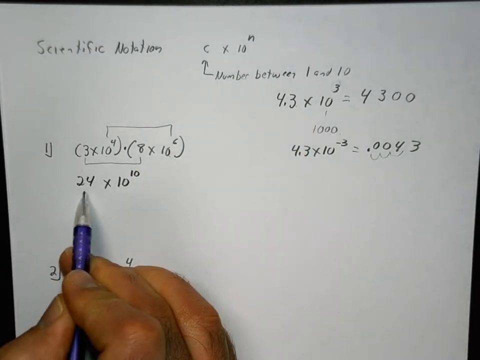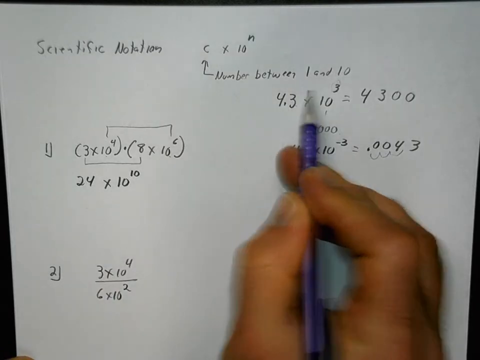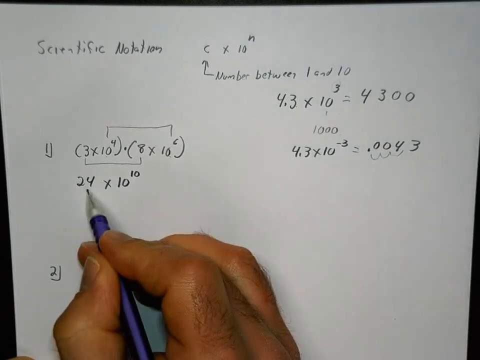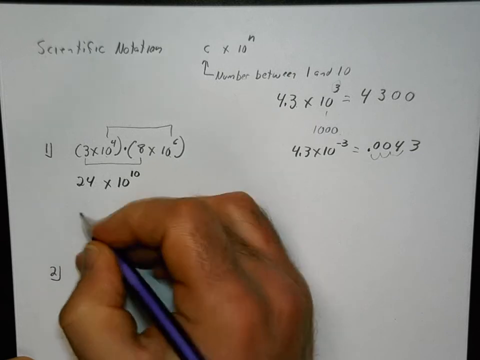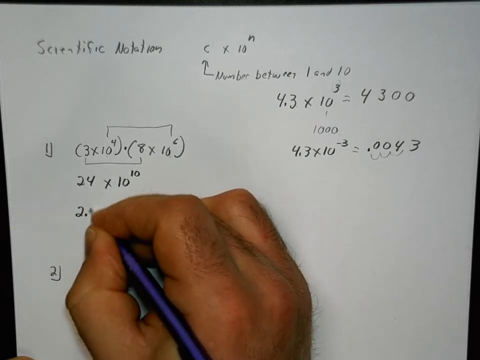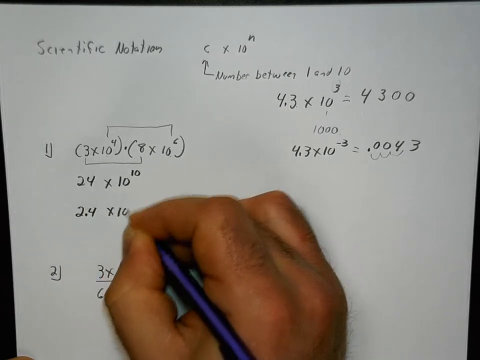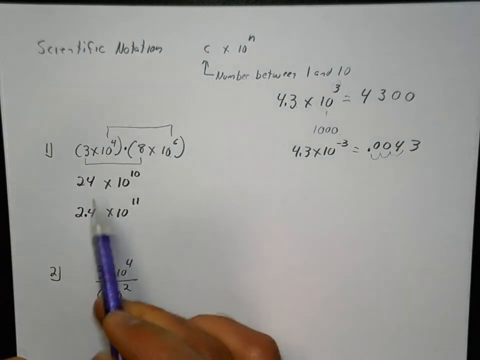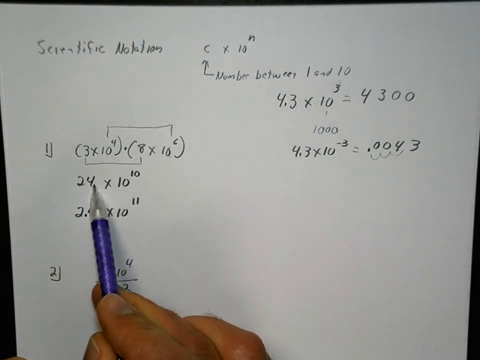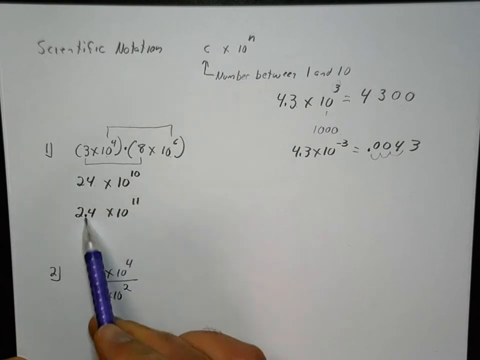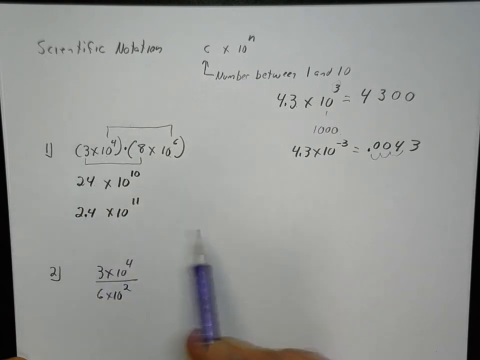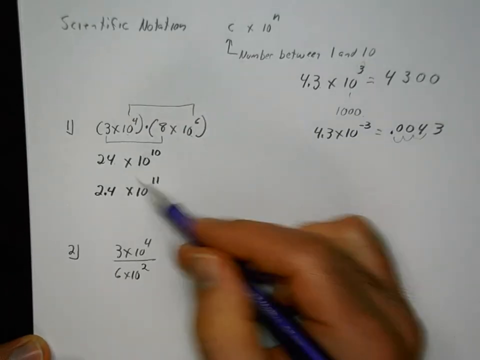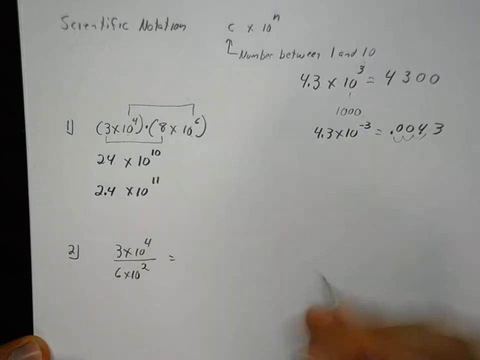The only problem here is we just created a number that's not between 1 and 10. So if that happens, we have to change that number to 2.4, and we add 1 to the exponent, 10 to the 11. Because instead of moving the decimal 10 spaces to the right here, we have to move it 11 spaces from here to get the same number. Okay? So that's how we multiply scientific numbers.